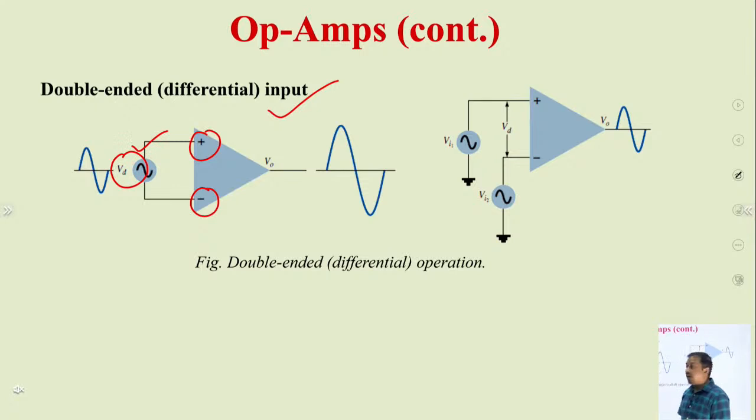If this type of waveform is applied at the input terminals of the op-amp, keep in mind that we are utilizing both the input pins. So this configuration is double-ended. Since there is no phase change, 0-degree phase change, this is called a double-ended input or double-ended operation of the op-amp.